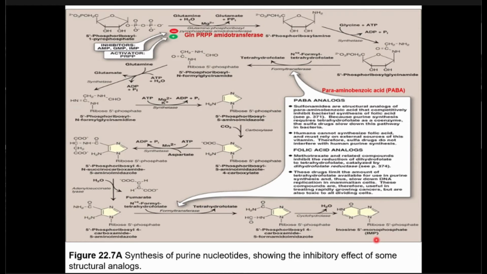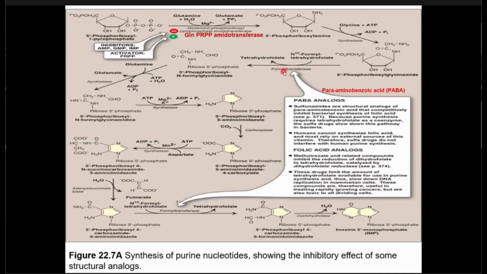Now, why are these steps important? We have some medications we use, and they are important because they interfere with some enzymes within this reaction. For instance, sulfonamide, which you will see when you do microbiology, is an antibiotic, and it interacts with tetrahydrofolate.